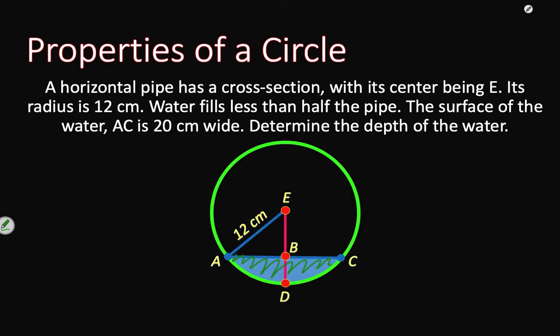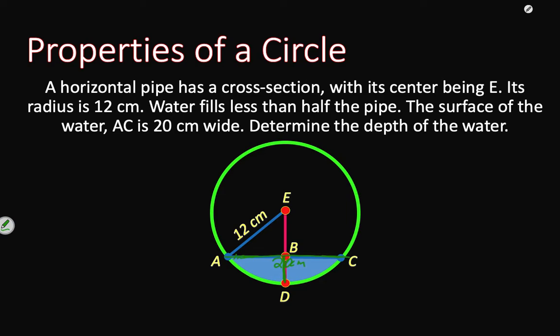It says the surface of the water, so from A to C, that is 20 centimeters. And it wants us to determine this right here. How deep is the water?